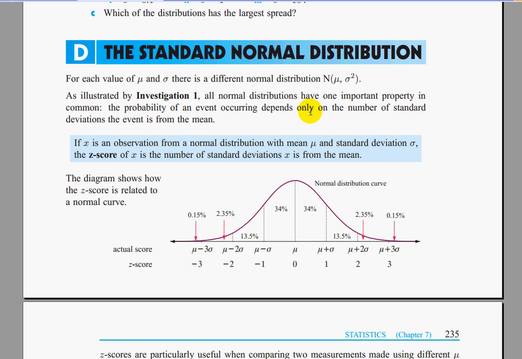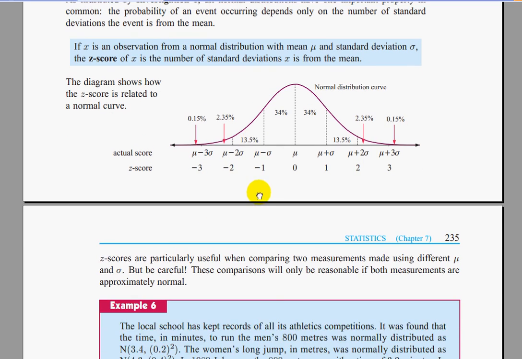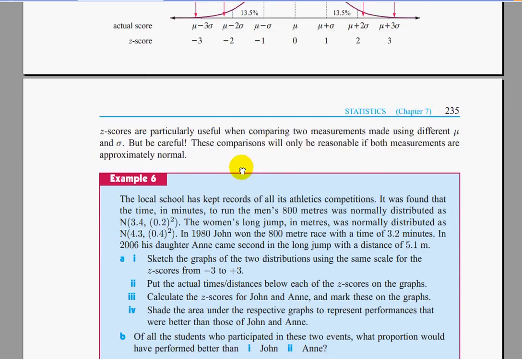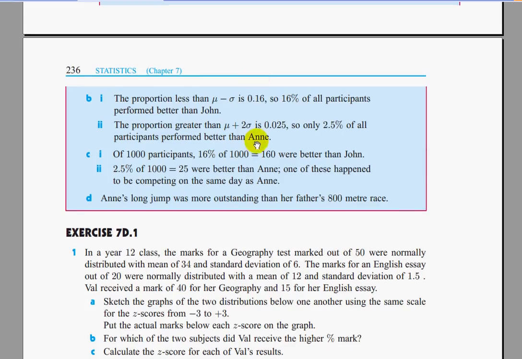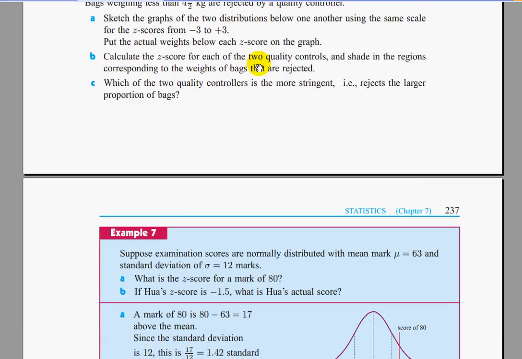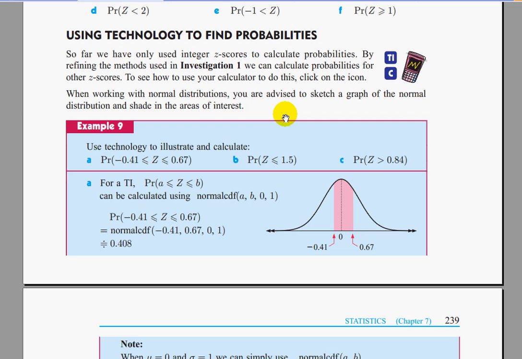The idea of standard normal is very important, so you should probably write this down in your cheat sheet, comparing the z-score and the actual score, and understand the meaning between this. If you're not too sure, just look at example 6, and I think example 7 would be very useful also. So take a look and understand the meaning of standard deviations, especially the standard normal distribution.